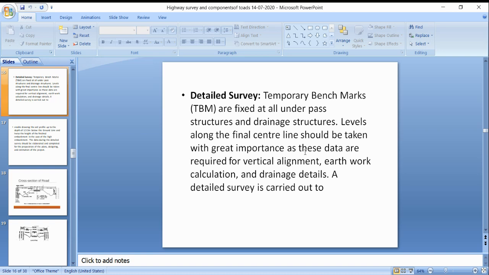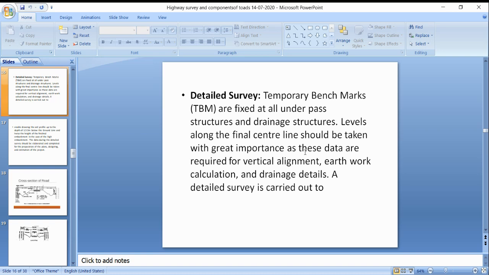In addition to this, the routes recommended in the reconnaissance survey should be accurate for the traverse lines. The traverse should be open, not closed, and the accuracy should be at least 1 in 3000, so that accuracy will be higher.